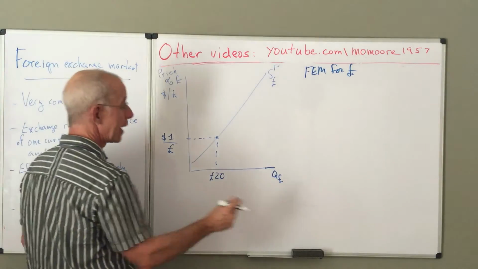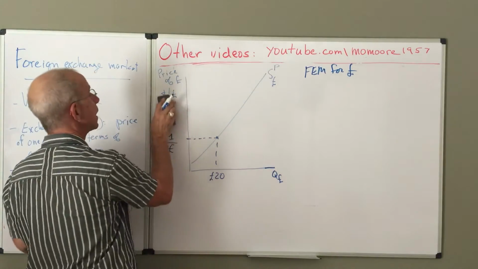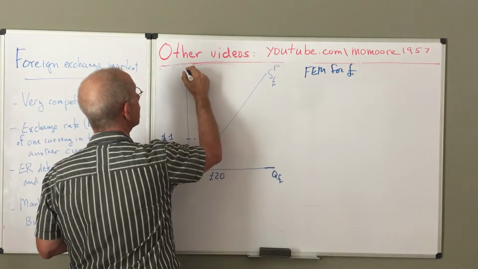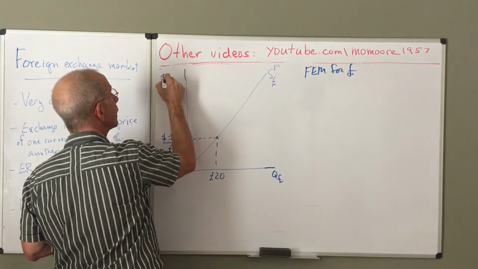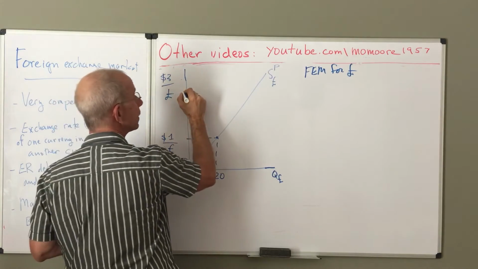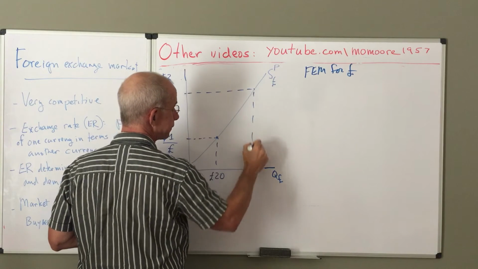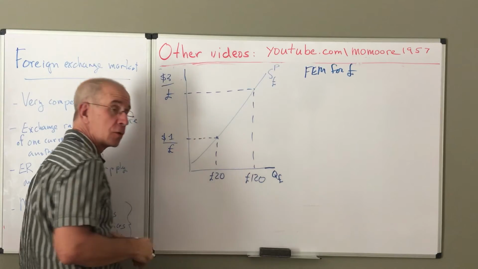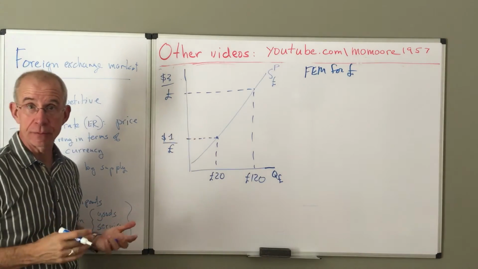Okay, and then let's say that the price of pounds went to $3 per pound, and that at this exchange rate, there are 120 pounds that are offered.